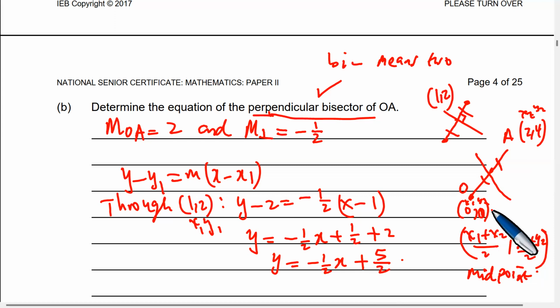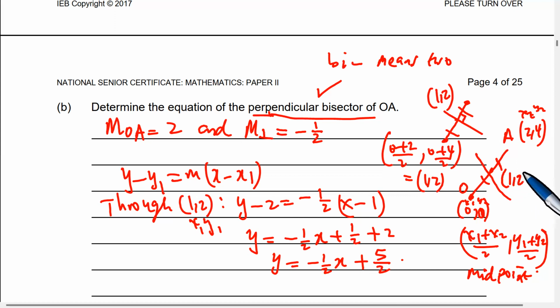So in the end, what is the midpoint? Use the formula: 0 plus 2 over 2 gives 1, and 0 plus 4 over 2 gives exactly 2. Hence you have the midpoint 1, 2. So this line is not only perpendicular to the line segment, but also bisects it, such that it passes through the midpoint 1, 2.